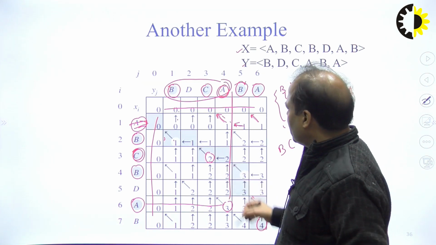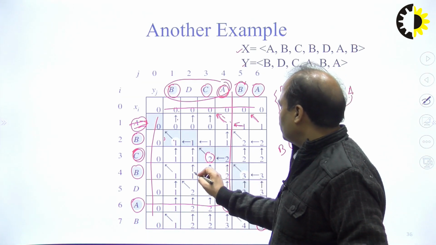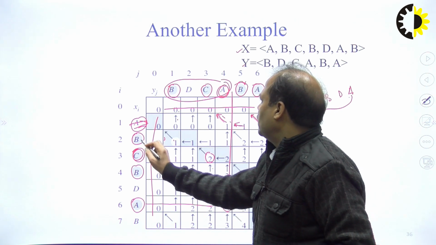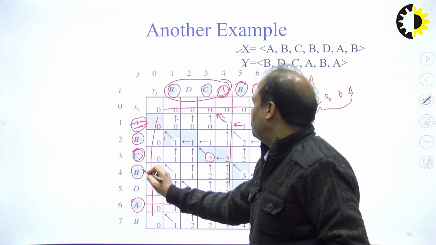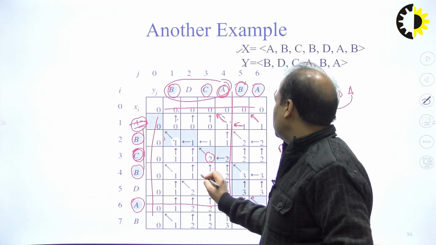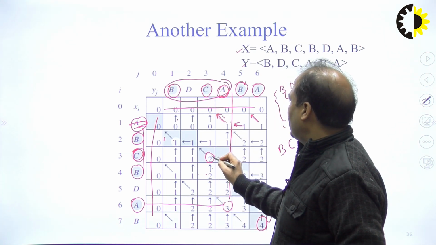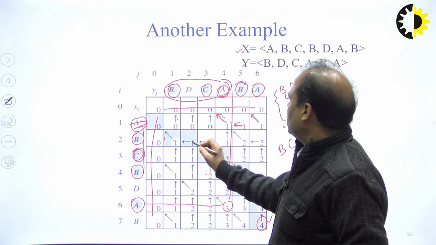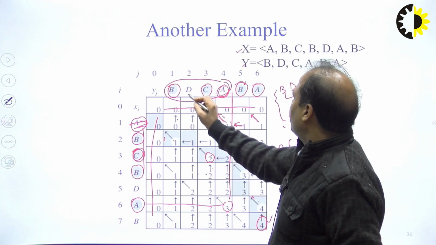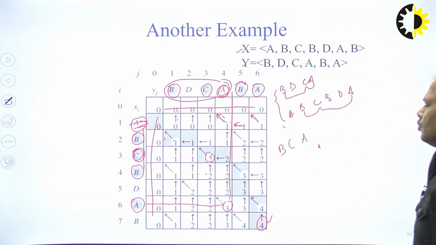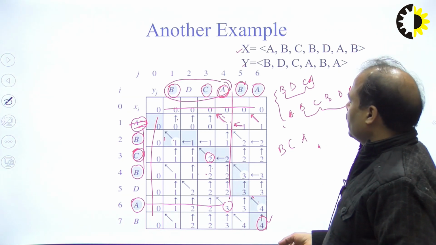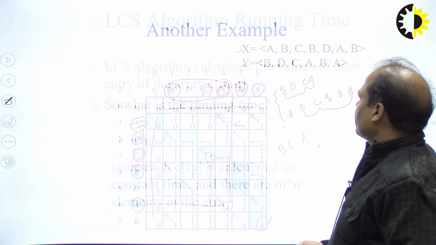From anywhere you can start, it is not necessary to start from the end. You can start from here, like see, if you have ABCB, you start from here, and then BDC, you start from here. That means C and B. BC is the only LCS of this sequence. You can start from anywhere to get the LCS of the strings.